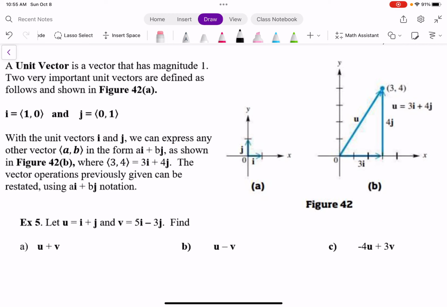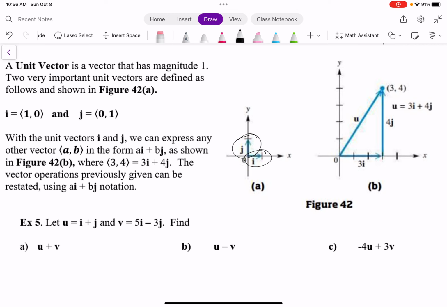The i is a horizontal unit vector, so the x value is 1, the y value is 0, because the length is 1. And the vertical unit vector we call j is 0, 1.